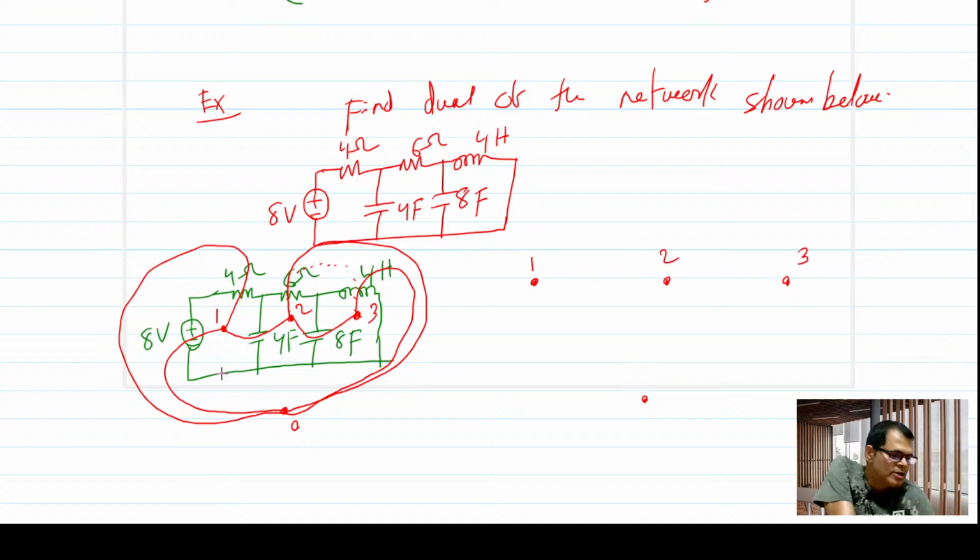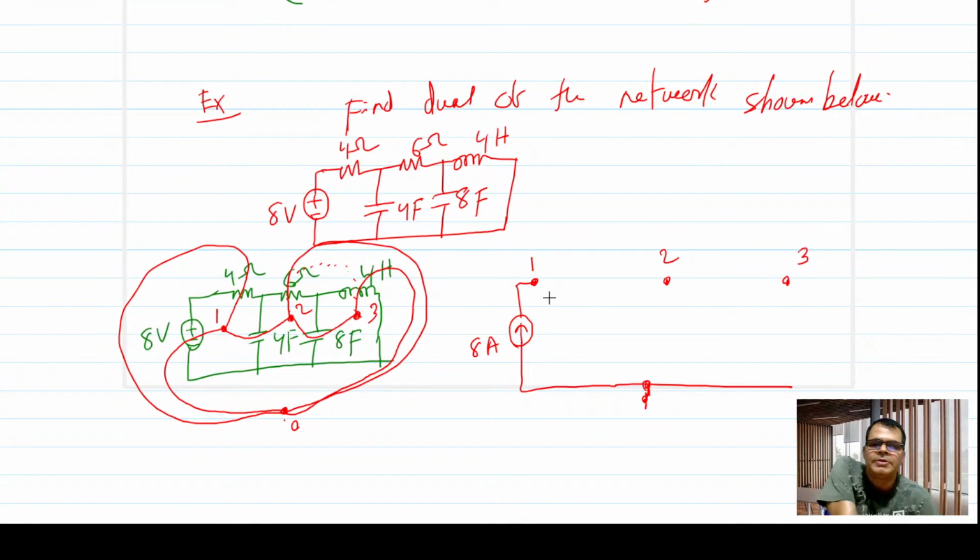So between 1 and 0, the 8 volt source. What will be the dual of a voltage source? The current source of the same value, 8 ampere.